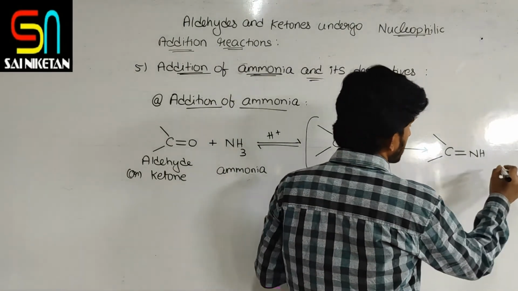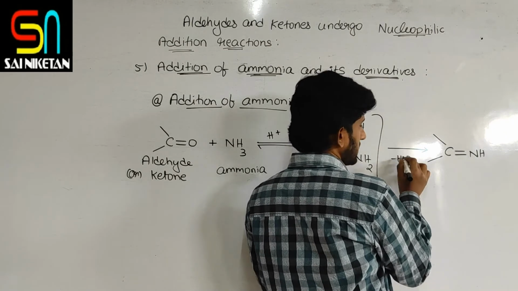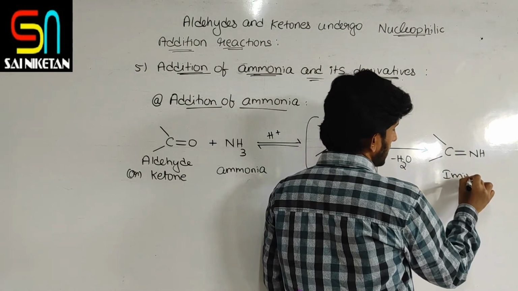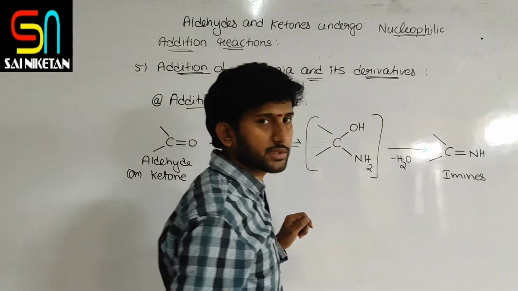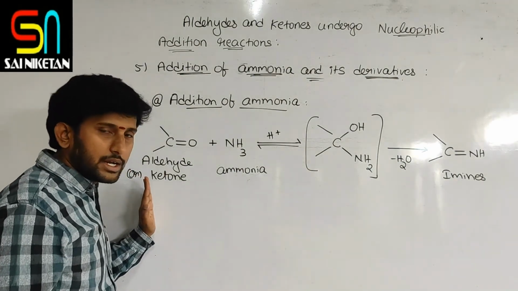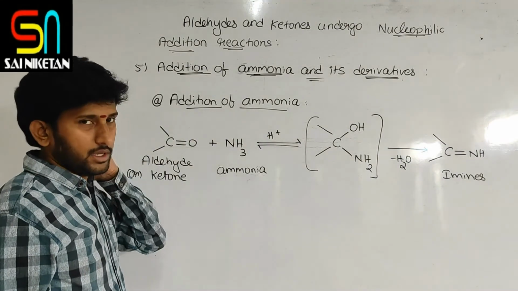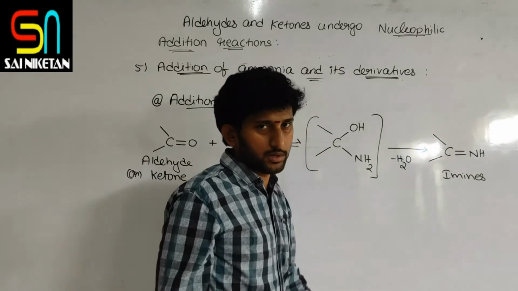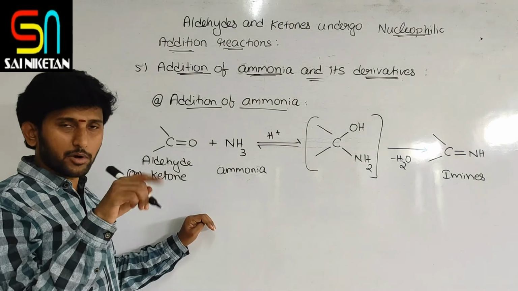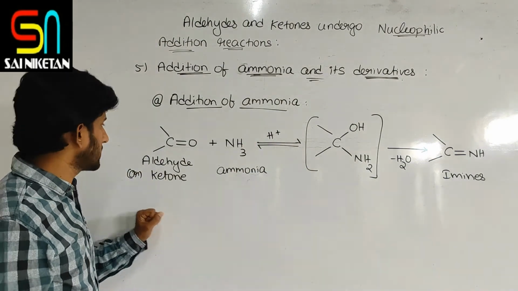So what here you will get is, I am writing here minus H2O, water is removed, and what is the compound you will get here is, you will get imines as the products. So when ammonia is added to aldehyde or ketone, the finally obtained products are called imines. Imine means nitrogen with double bond, okay. RNH2 is amine, R double bond NH is imine. Okay, so imines are formed as products.